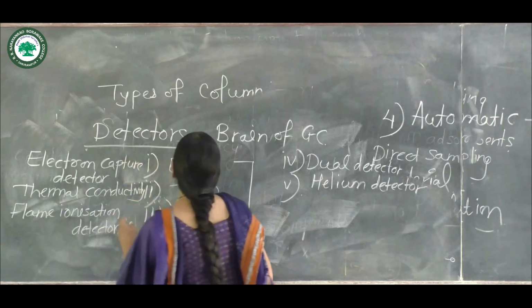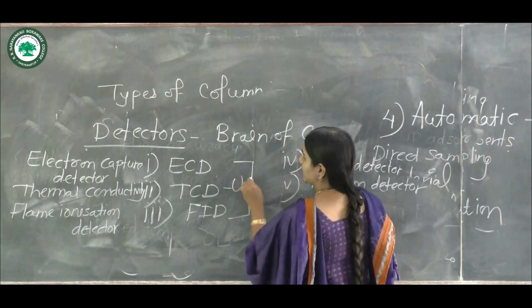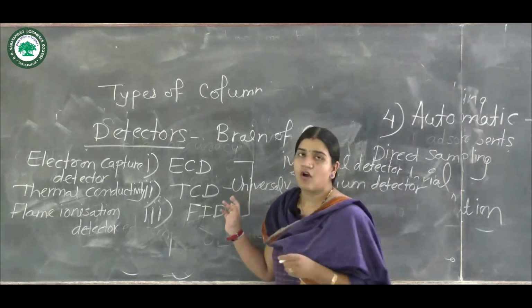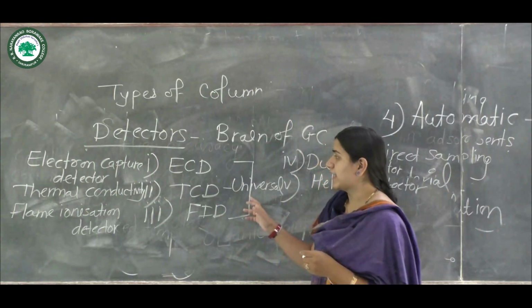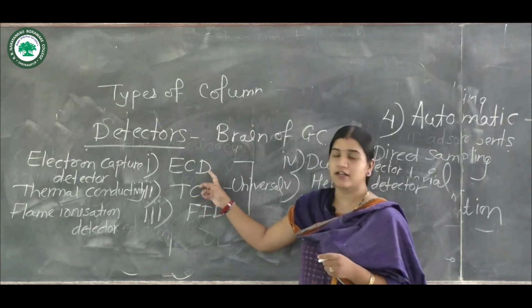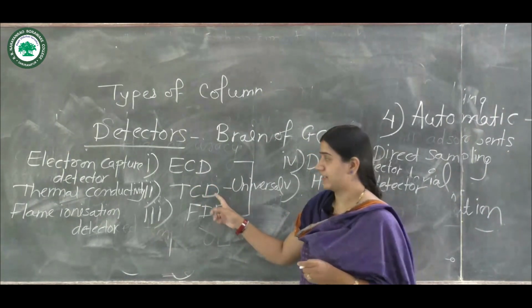Among these 3, the thermal conductivity detector is also known as the universal detector because it is used for the analysis of all kinds of compounds. As far as sensitivity is concerned, the electron capture detector is highly sensitive as compared to the thermal conductivity detector.